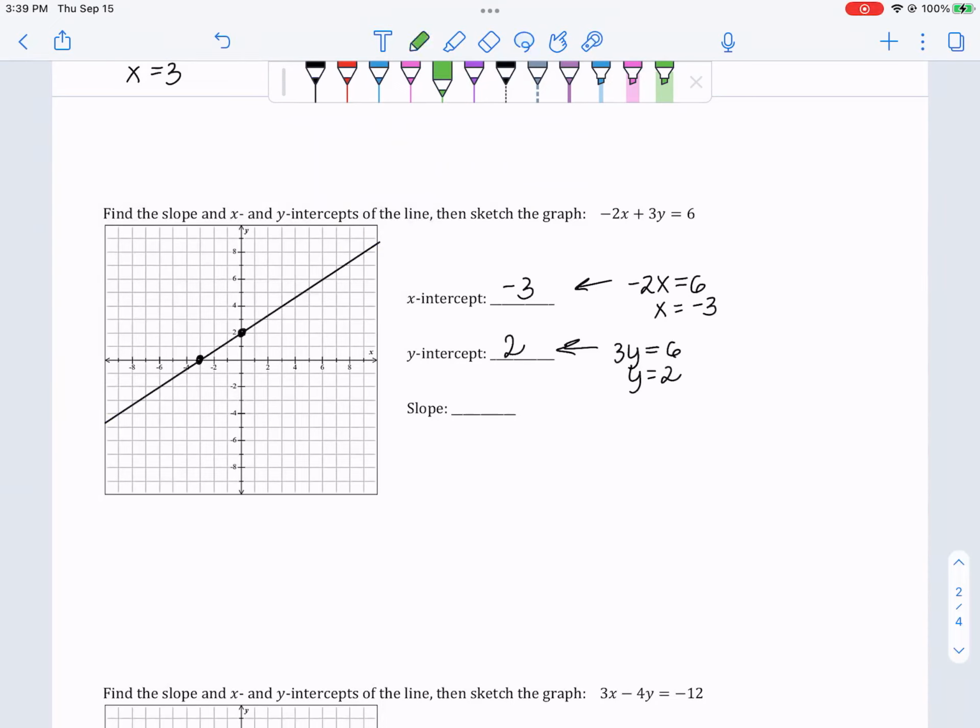For my slope, to get from this left point to the right point, up 2, to the right 3. My slope is 2/3, rise over run. My equation in y equals mx plus b form is y equals 2/3 x plus 2.